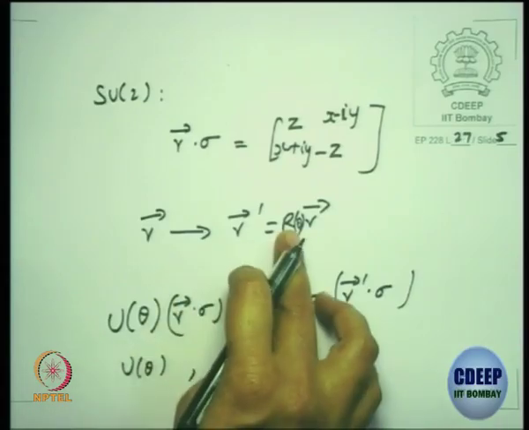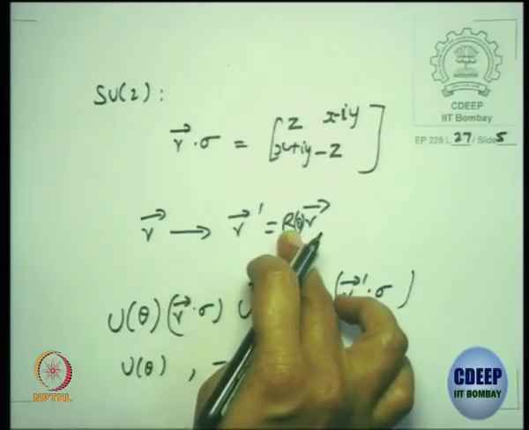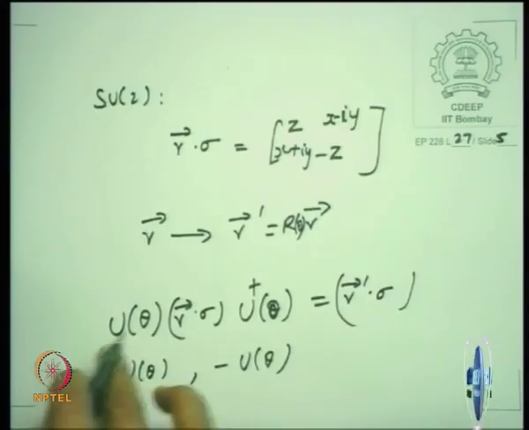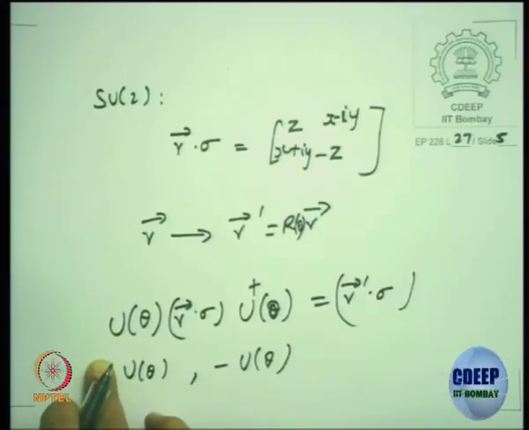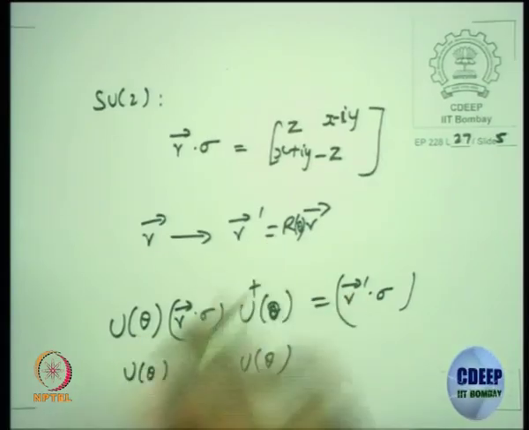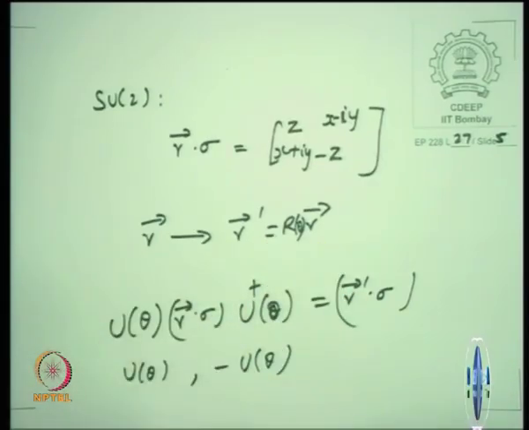So the identity matrix here can be represented by either identity or minus identity. It's a homomorphism. It's a 2 to 1 map. So this tells you that it is not 1 to 1.